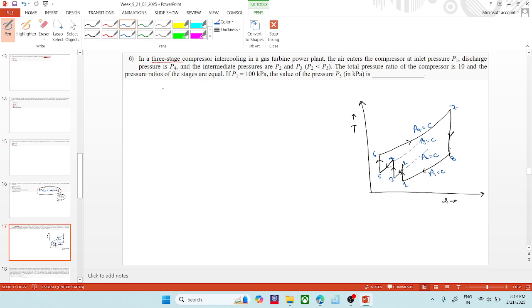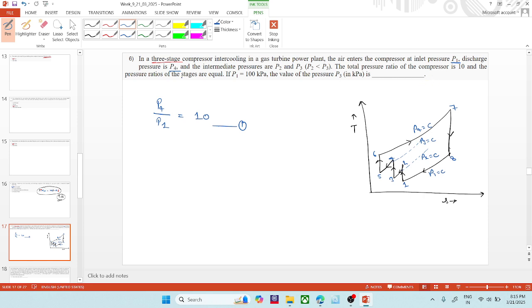It is given that it is a three-stage compressor intercooling in a gas turbine power plant. The air enters the compressor at P1. The discharge pressure is P4, and the intermediate pressures are P2 and P3 as we have depicted here. The total pressure ratio of the compressor, P4 divided by P1, is given as 10.